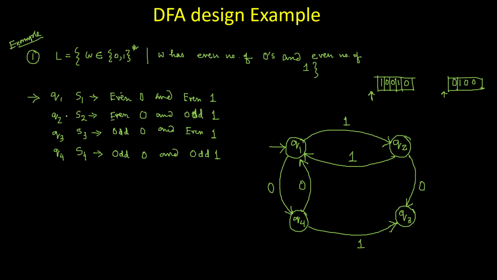If you are in Q3, odd 0, even 1, and Q4 is odd 0, odd 1. On getting 1 it will become odd 0, odd 1.